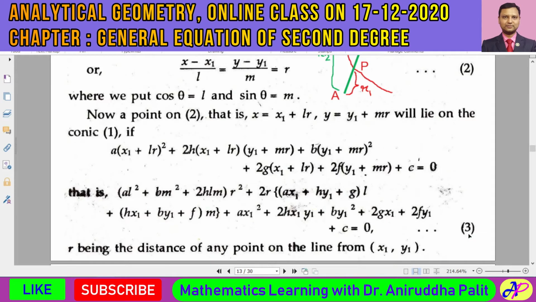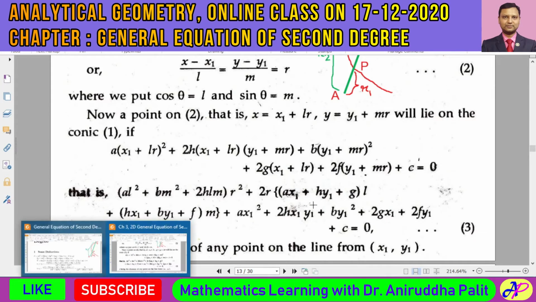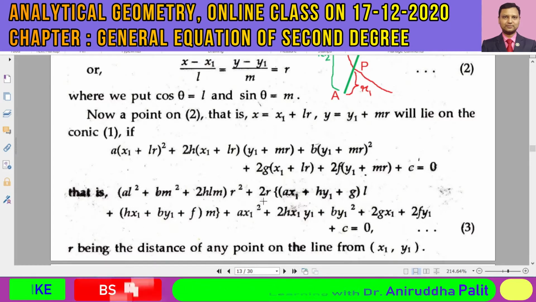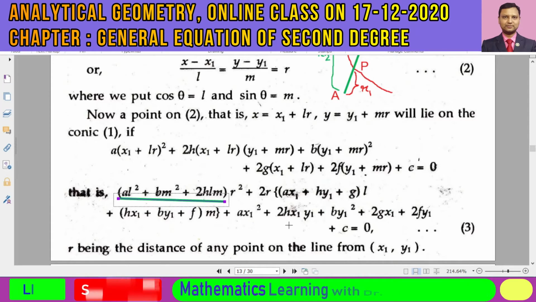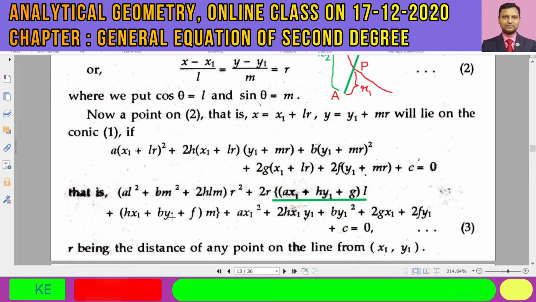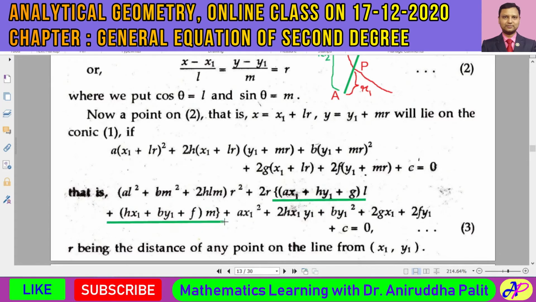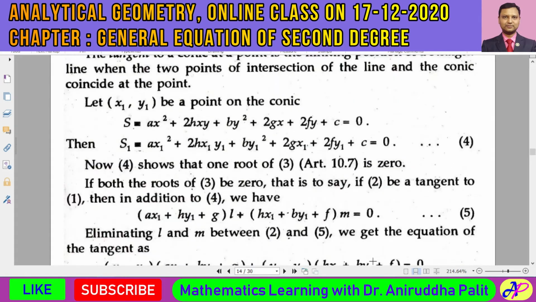So we can say that R1 plus R2 would be equal to the coefficient of R divided by the coefficient of R square with a negative sign. What would be the expression of R1 plus R2?